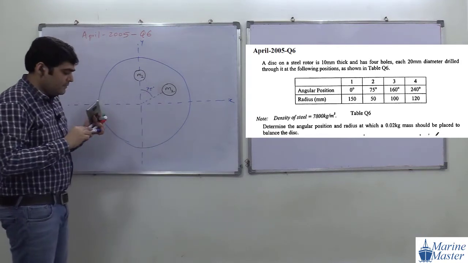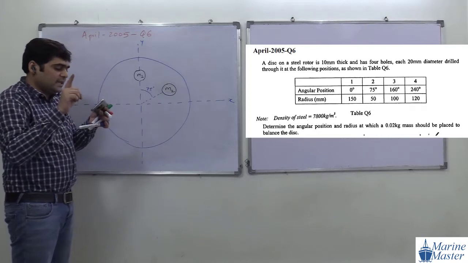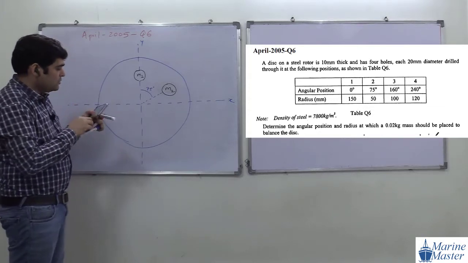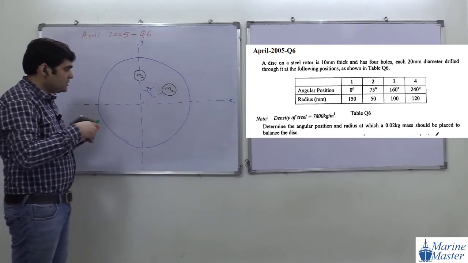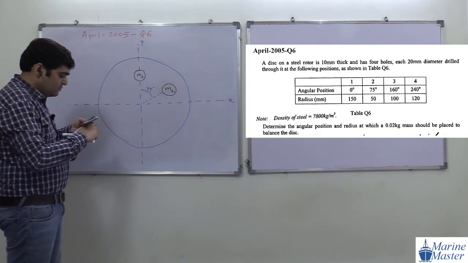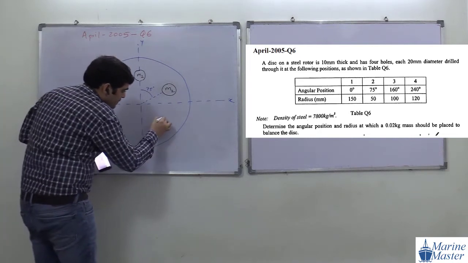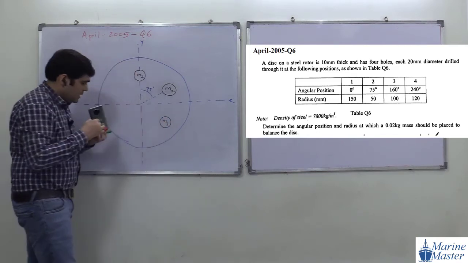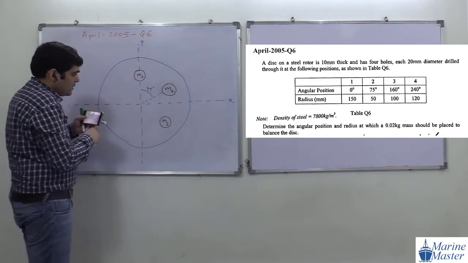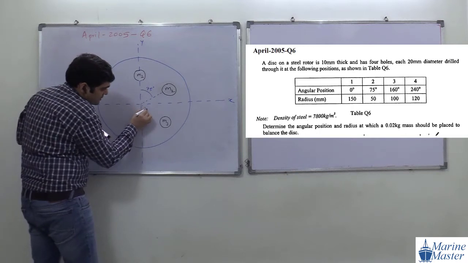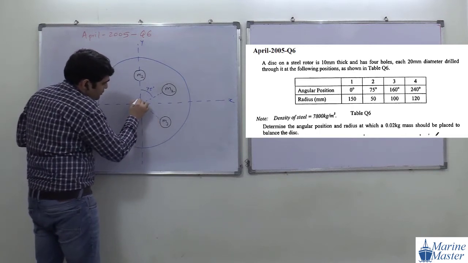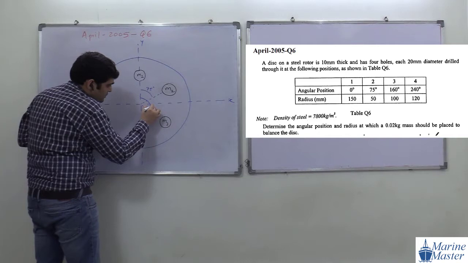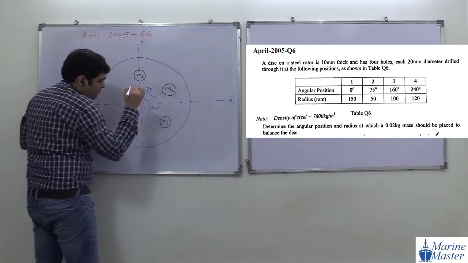Then at an angle of 160 degrees, there is a third hole. At an angle of how much? 160 degrees, there is the third hole, M3. At how much angle? 160 degrees. So from this point to this angle is how much? 160 degrees.